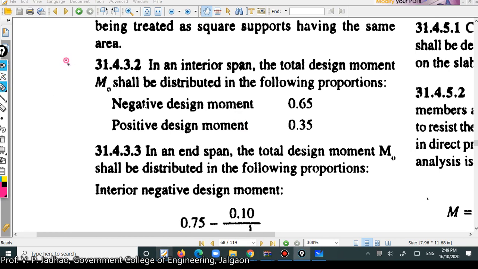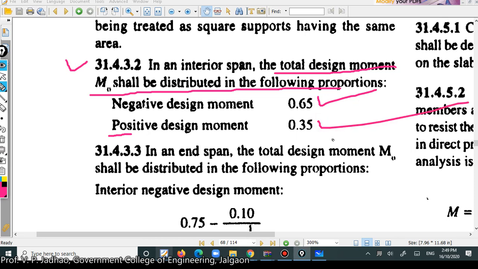You can see here 31.4.3.2: the total design moment M0 or MOL in case of longer direction shall be distributed in the following proportion. We have calculated the distribution of the 65% negative bending moment. Now we have to calculate the distribution for the remaining part.